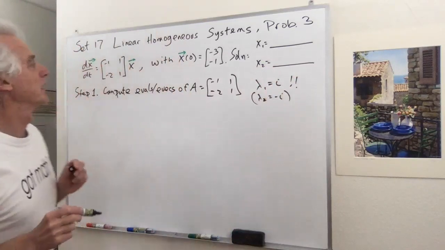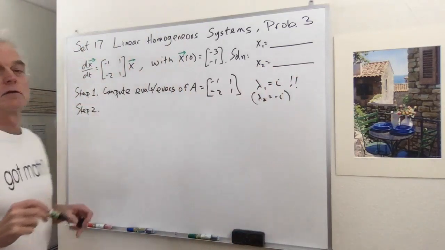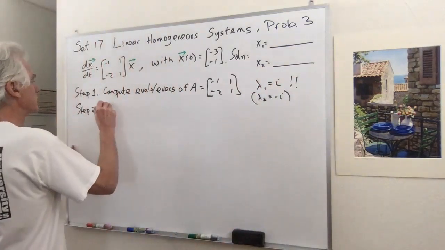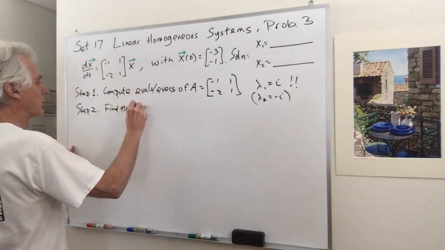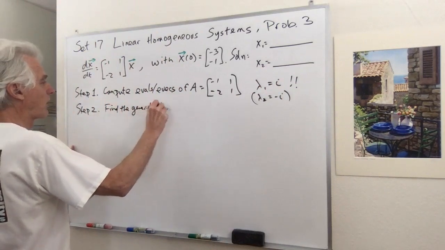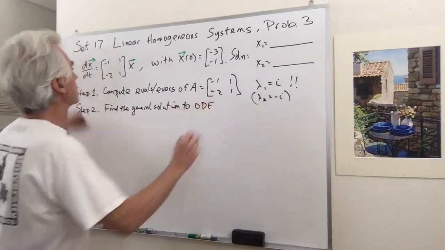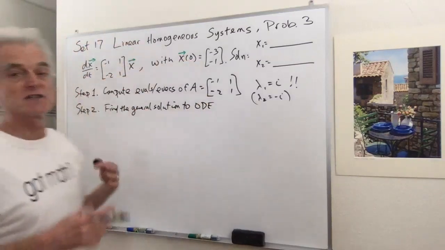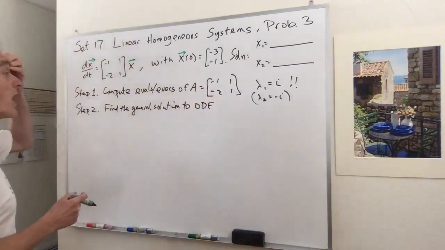Okay, so in step 2, we need to find the general solution to the ODE. So remember, we have the ODE with initial conditions, and the ODE has a general solution with, in this case, 2 constants.